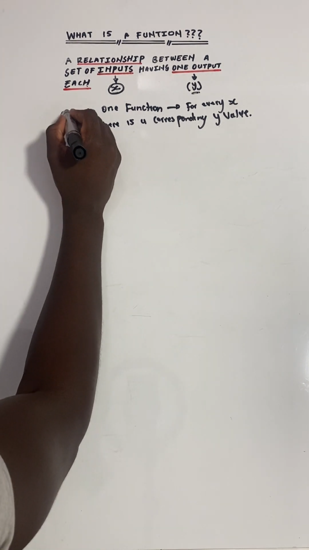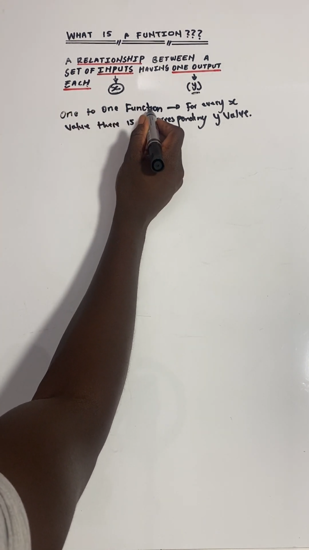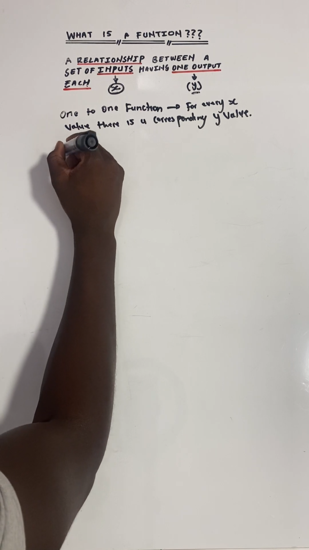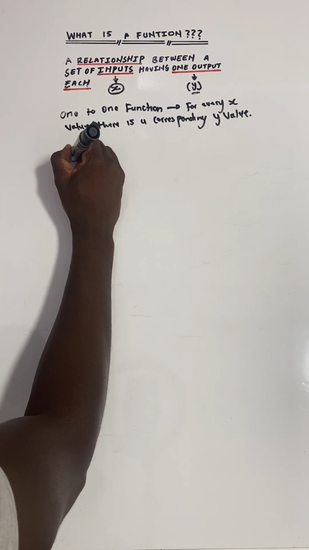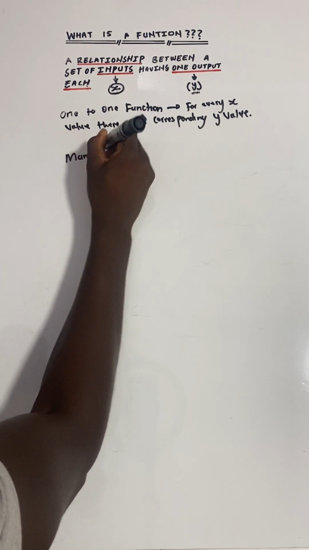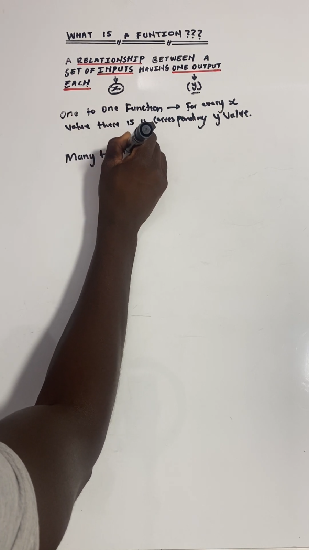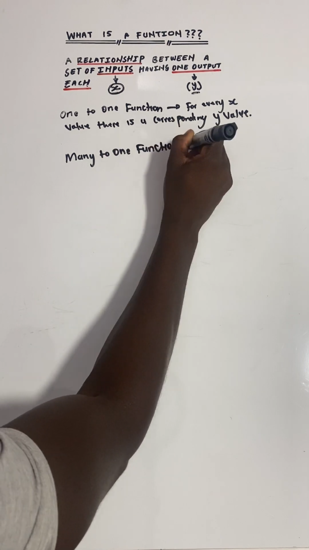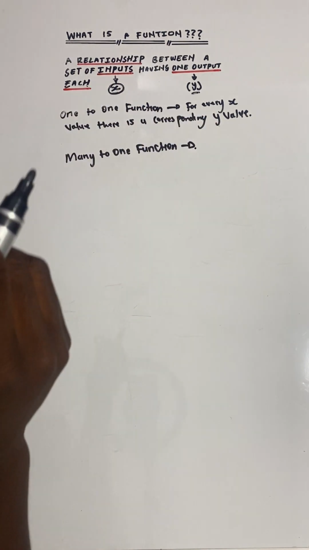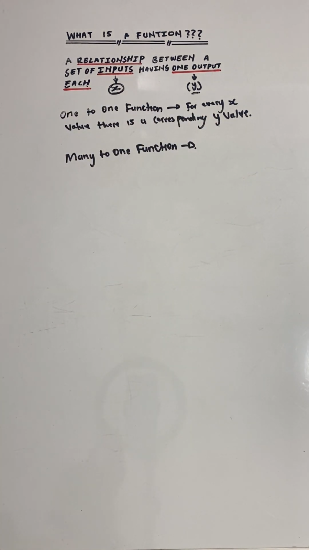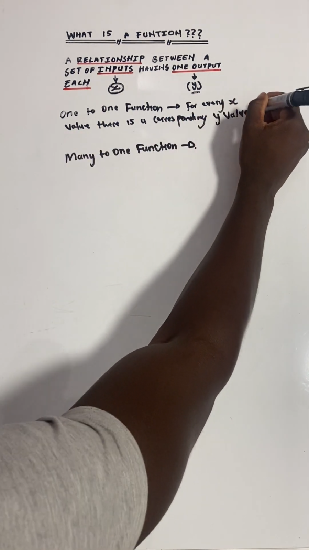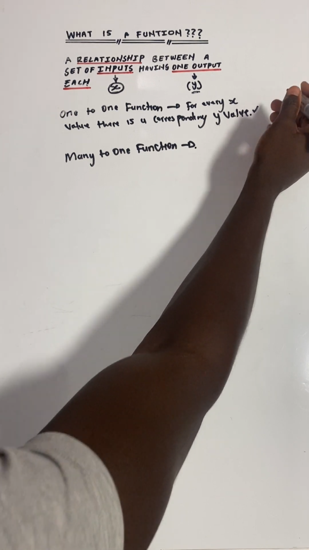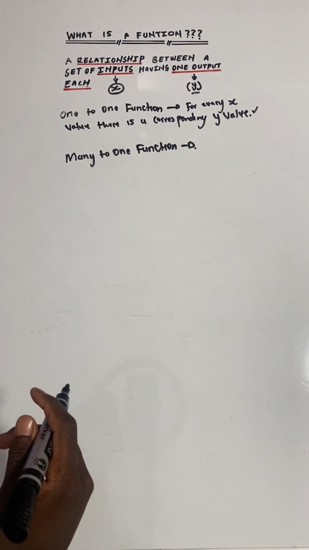So we're still dealing with one-to-one functions. What else do we have under this category? We have what we call many to one function. Now what is a many to one function? A many to one function also still qualifies as a function, but it has a cherry on top of it.